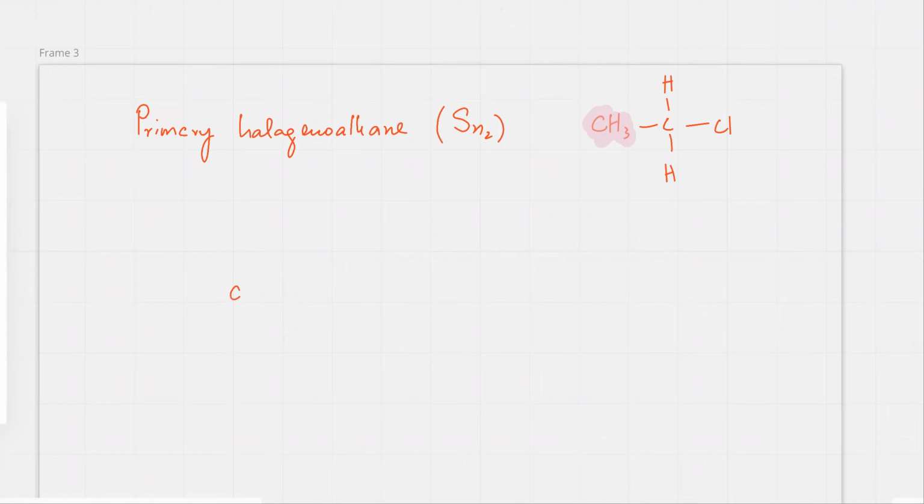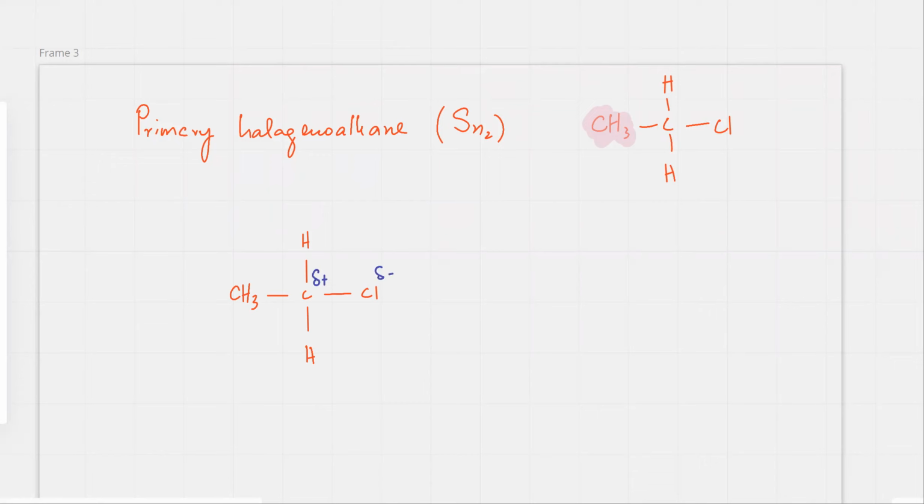So it's CH3, then a carbon which is bonded to a Cl, and this carbon is bonded to 2 H atoms. And this bond is highly polar. Carbon is positive and Cl is partially, or very slightly, negative.